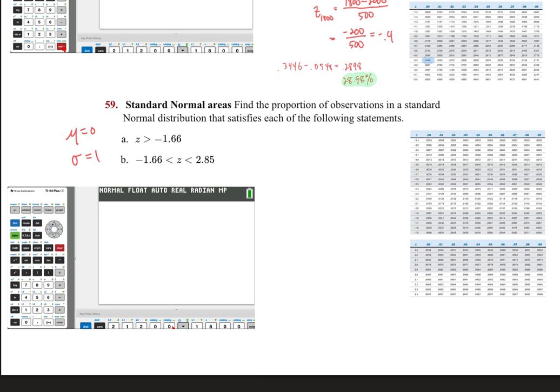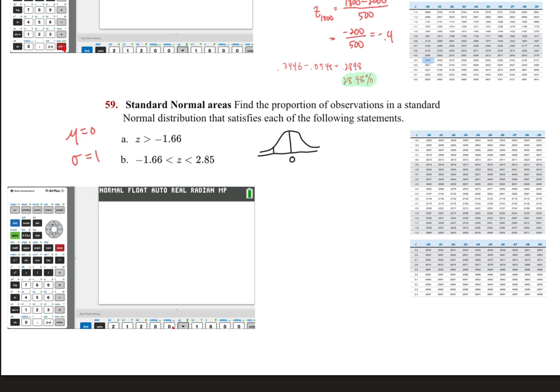Okay, so notice the first one is talking about we want the proportion that has z-scores greater than negative 1.66. We'll draw our graph. This is going to be 0 because in a standard normal distribution, the mean is always 0.